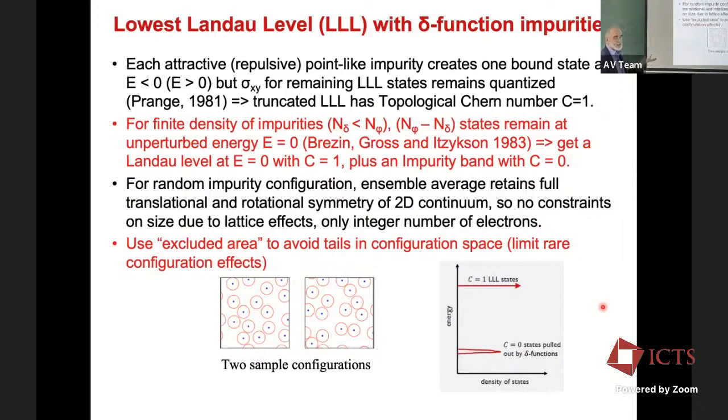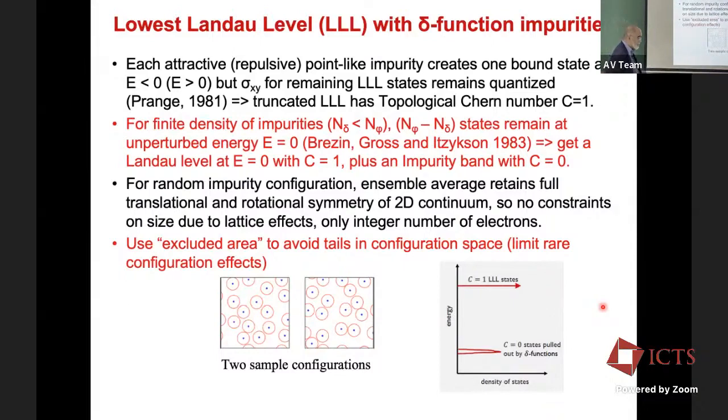And then there are some others left which cannot put zeros on the impurities, and therefore they form an impurity band. So that's what we did. We put in a bunch of delta function impurities and pulled out some states and made an impurity band.